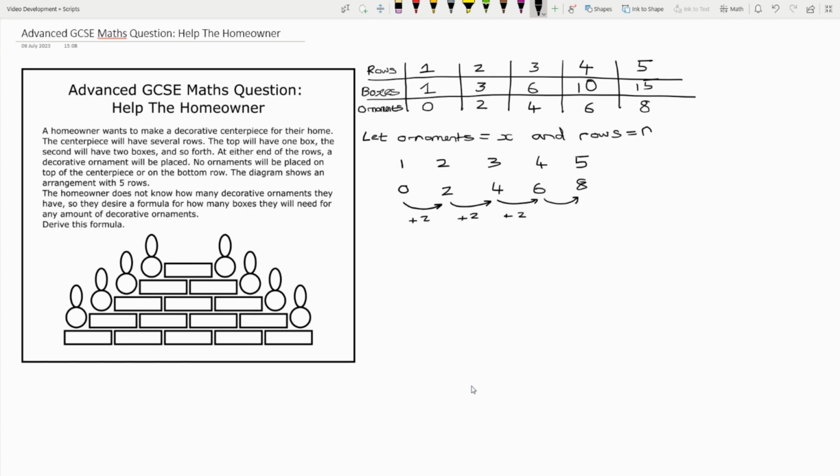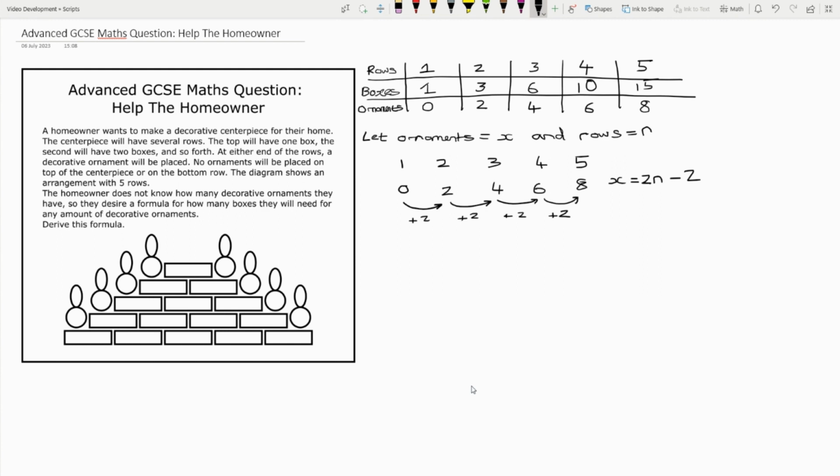So if we work out our nth term, it will be 2n minus 2, and we're going to say this is equal to x. So the number of ornaments, x, will be equal to 2 times the number of rows minus 2.